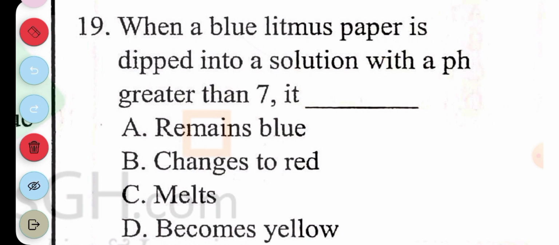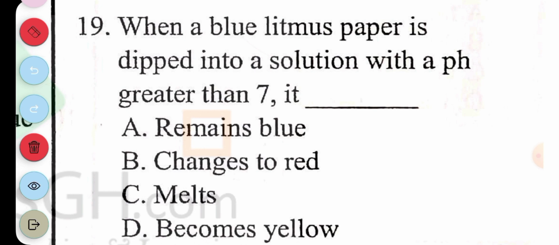Question 19. When a blue litmus paper is dipped into a solution with a pH greater than 7, it A, remains blue; B, changes to red; C, melts; D, becomes yellow. Now, there's a simple mnemonic to remember what happens to a red or blue litmus paper when it is put in a base or acid.